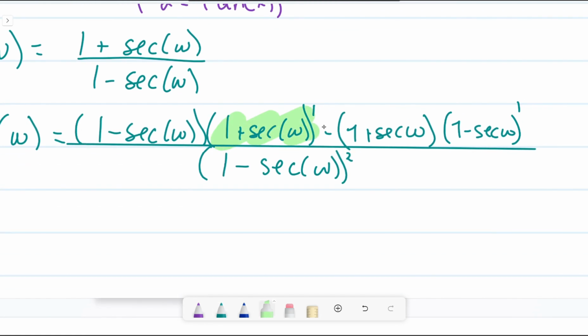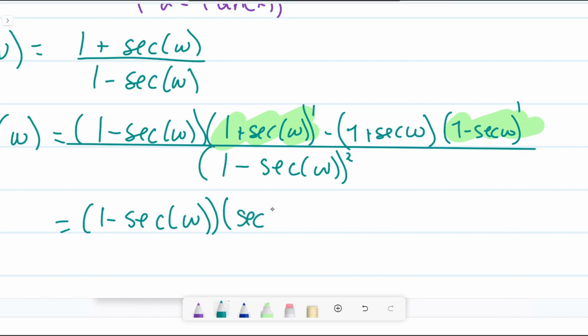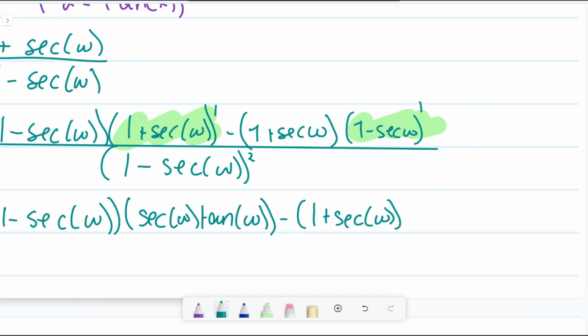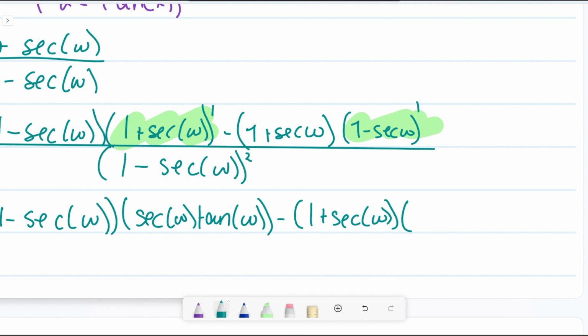So let's find the missing derivatives. The derivative of 1 plus secant w: first, the derivative of 1 is a constant, so it's 0. The derivative of secant w is secant w times tangent w. Now let's find the other missing derivative, the derivative of 1 minus secant w.